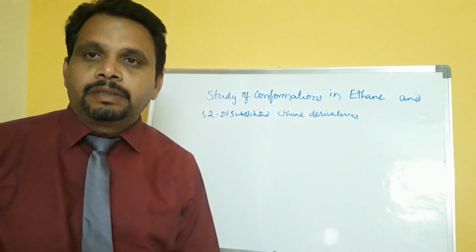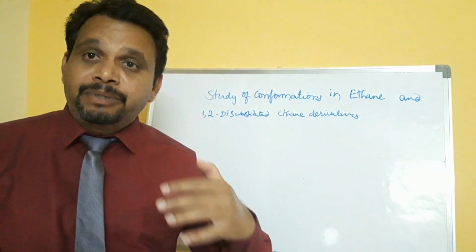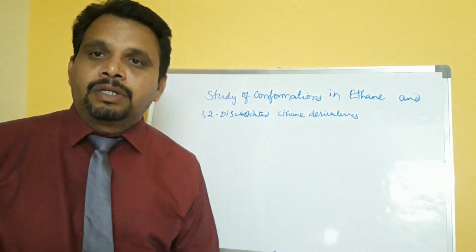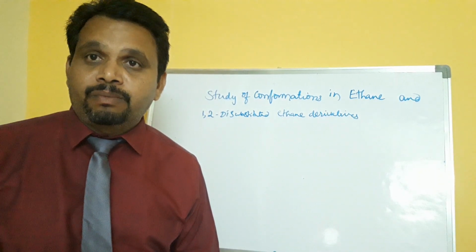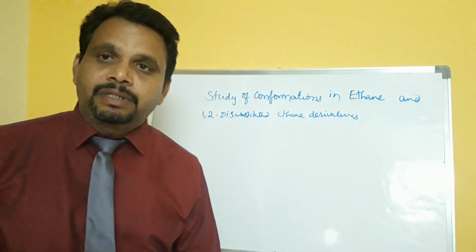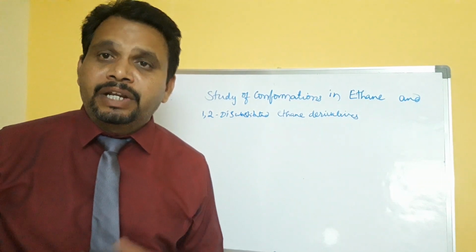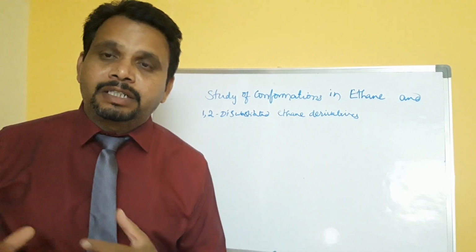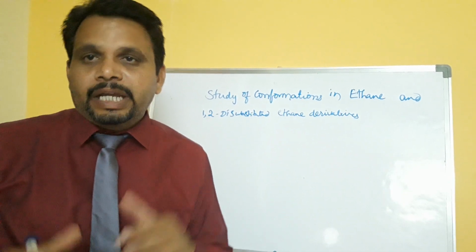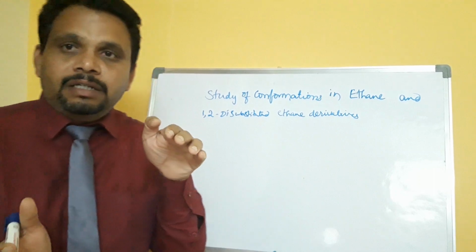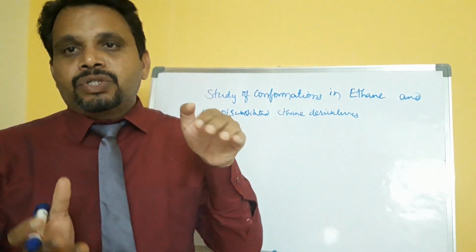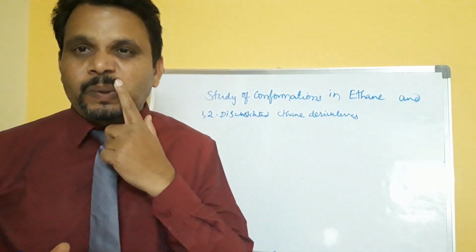Therefore the energy of the eclipsed conformer is observed to be 12.5 kilojoules per mole, and the staggered conformer energy can be arbitrarily taken as 0. So the energy gap between staggered and eclipsed conformer is 12.5 kilojoules per mole.